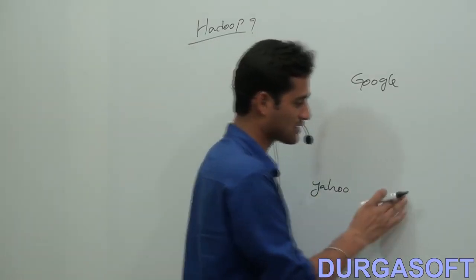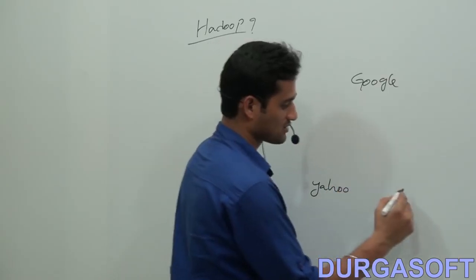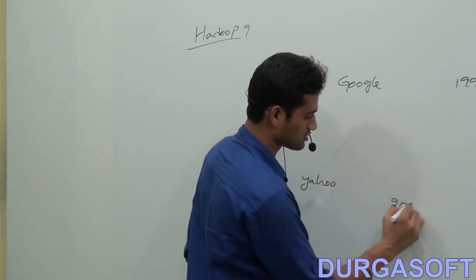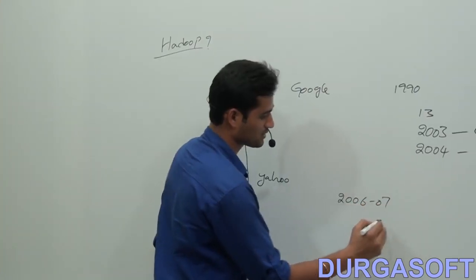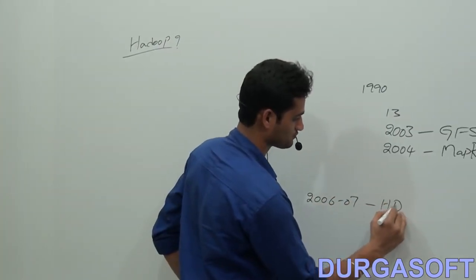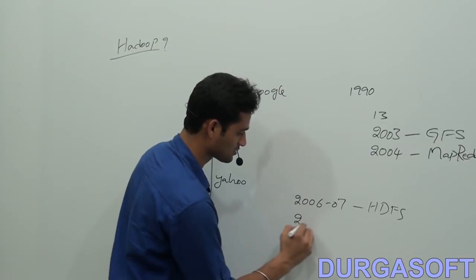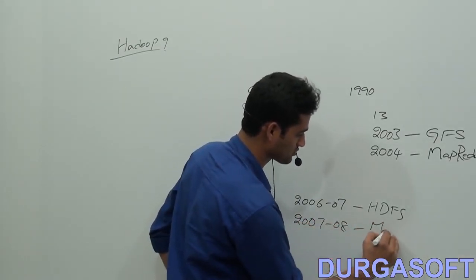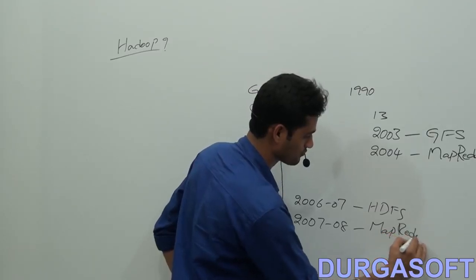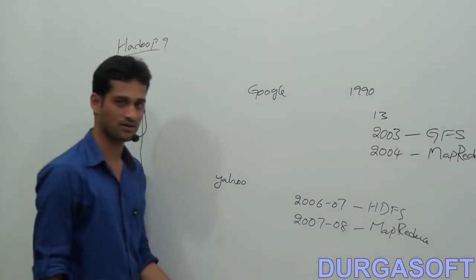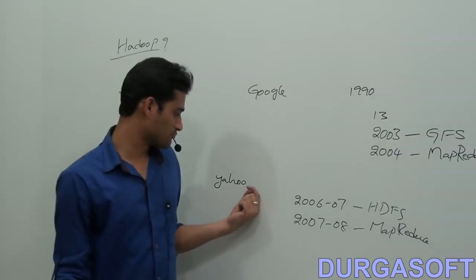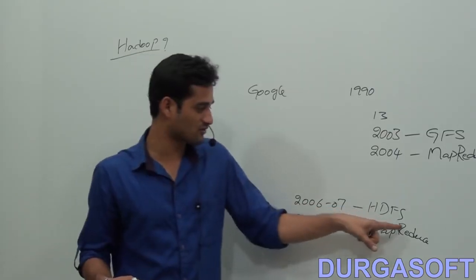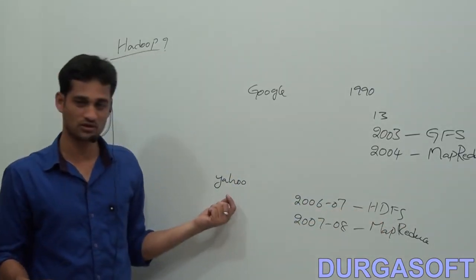So for that reason, they gave one more conclusion in the year 2006-7 as HDFS, and in the year 2007-8 as MapReduce. But basically Yahoo people didn't implement HDFS and MapReduce with their own technique.